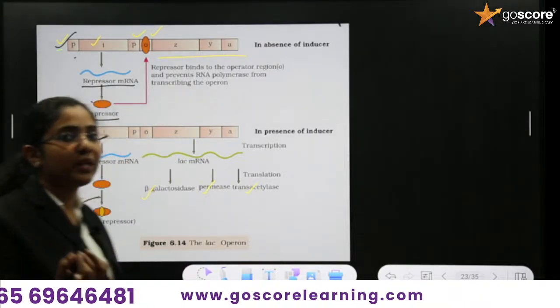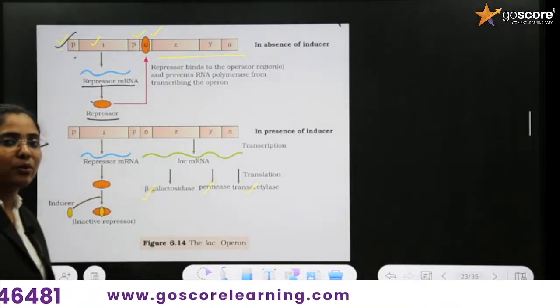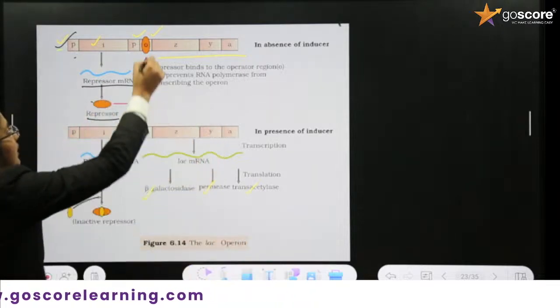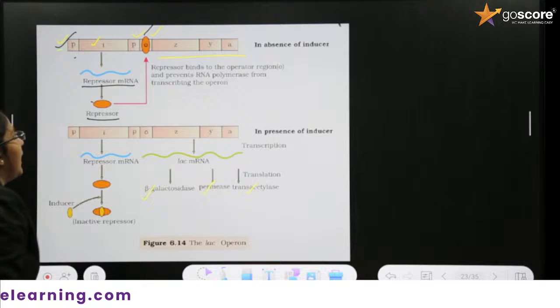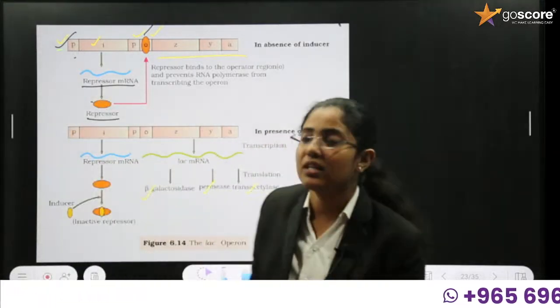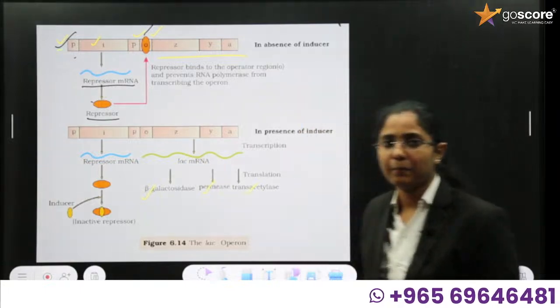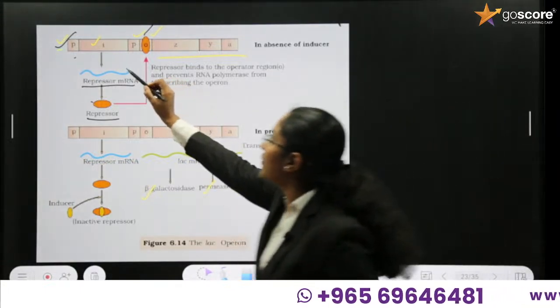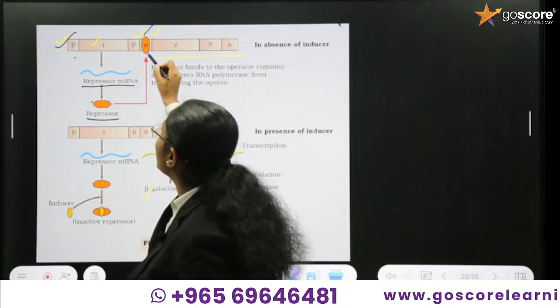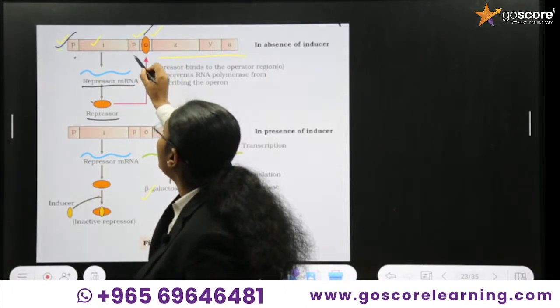Once the repressor protein is produced, it won't be sitting simply. It will go and bind to the operator site. Once the repressor protein is formed, it will be going and attached to the operator site. So here you can find the repressor molecule binding to the operator site.